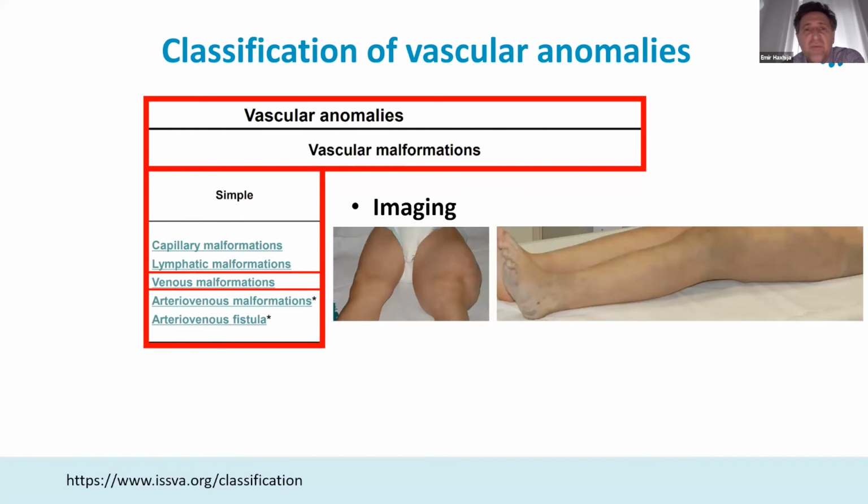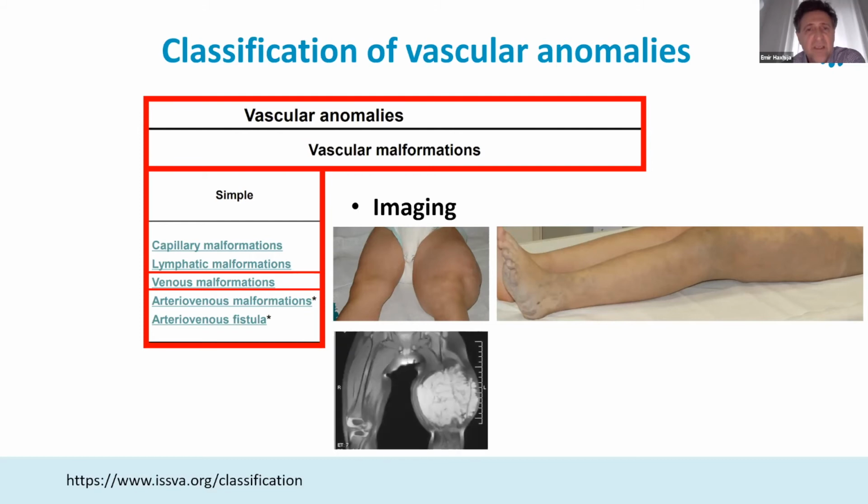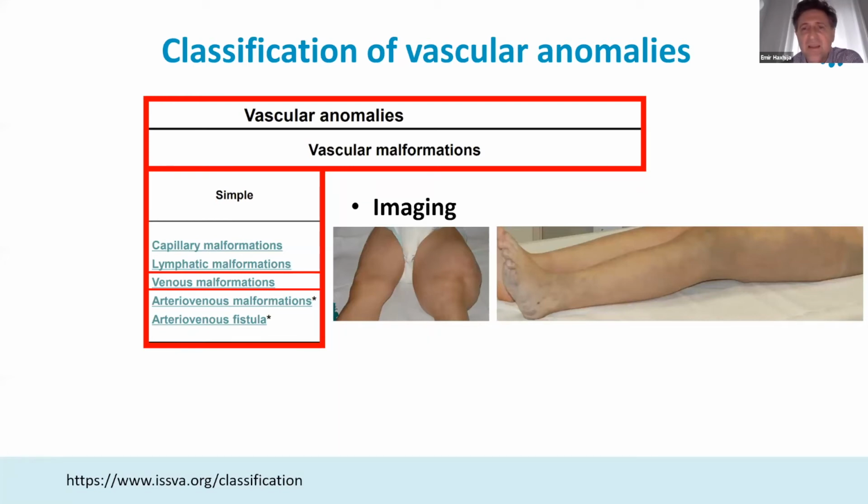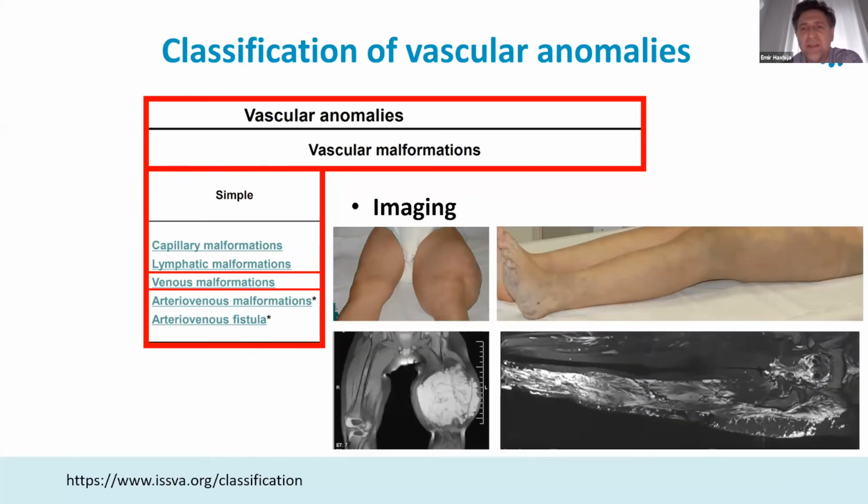Imaging is very important also for venous malformations. So when you see these two patients, you cannot really exactly know how this venous malformation is distributed. When you see the images, then you see here that you have a localized circumferential venous malformation in the thigh of this child. And in the next patient, you have a diffuse venous malformation.